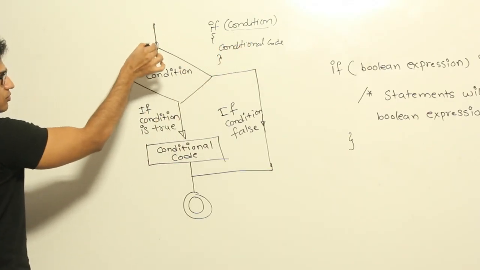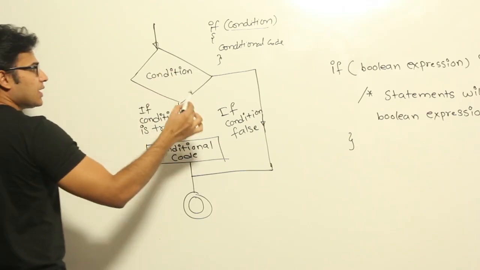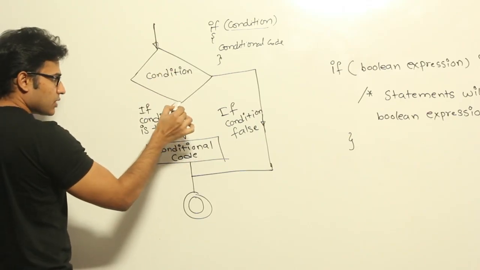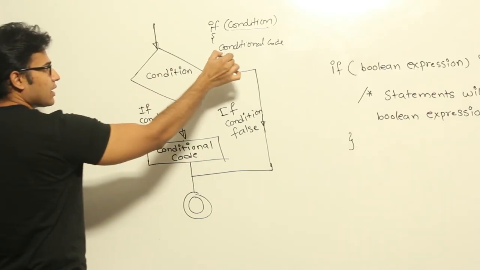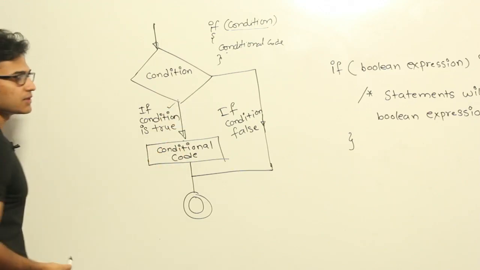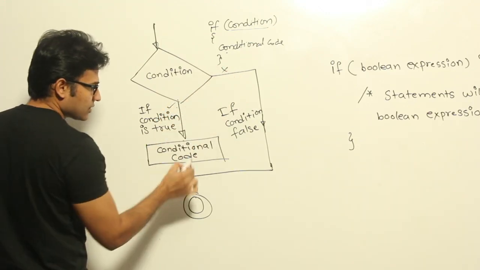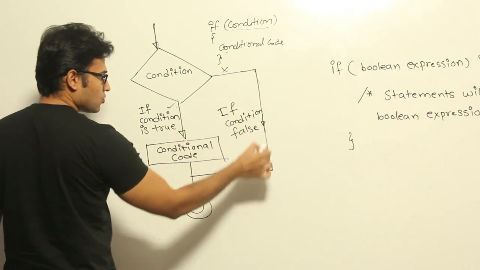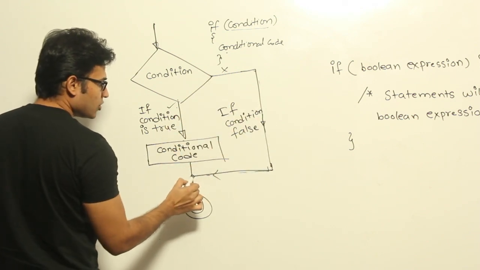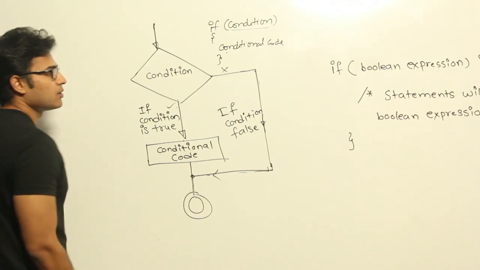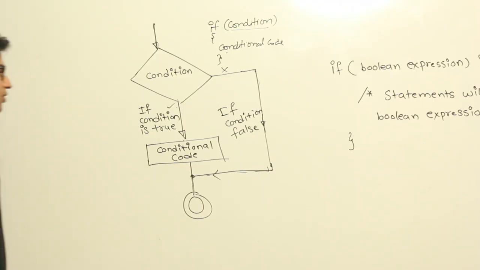If the condition is true, then only we execute the conditional code. If it is false, then without executing this code, we just go to the line below this code and start executing the remaining program. Got it? Okay.